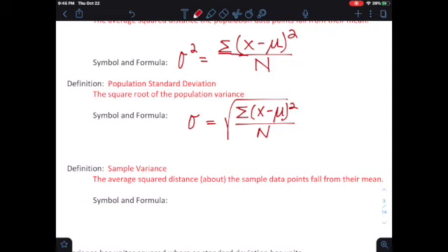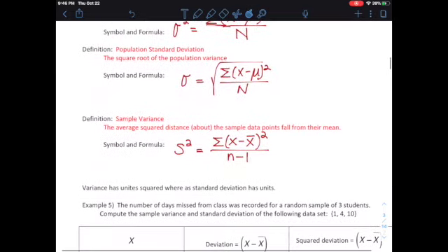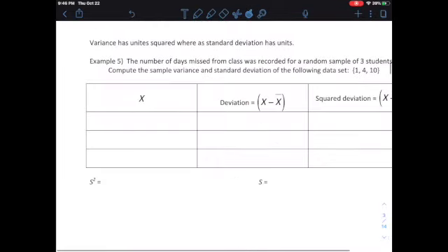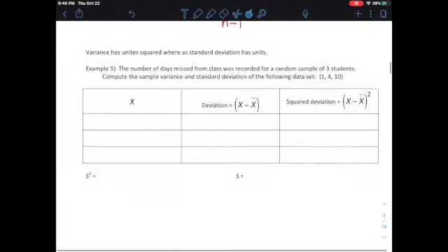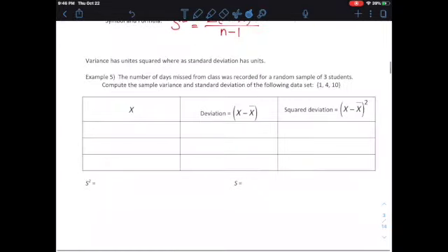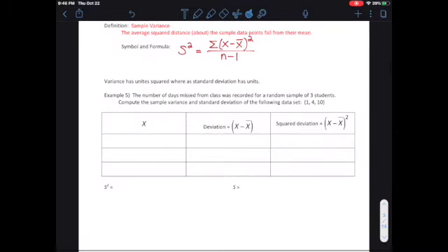Sample variance means you have a group that is manageable. So that is going to be s squared equals the summation of each individual data point minus the mean, squared, and then over little n, that means the sample size, minus 1. Then the next one is going to be s right here. I'm going to bring it down, because we are literally going to work only with s since, again, population is too big.